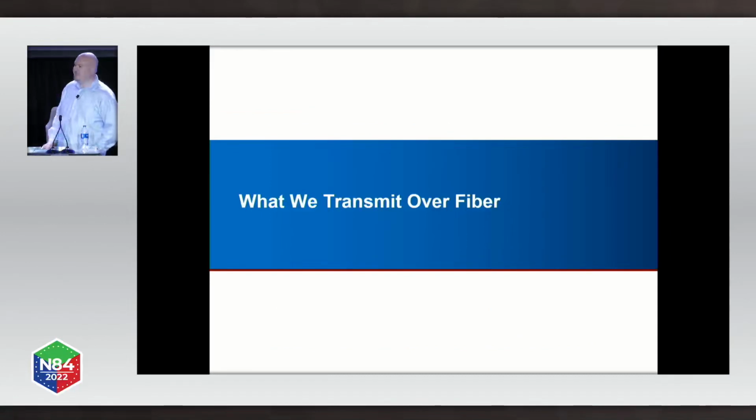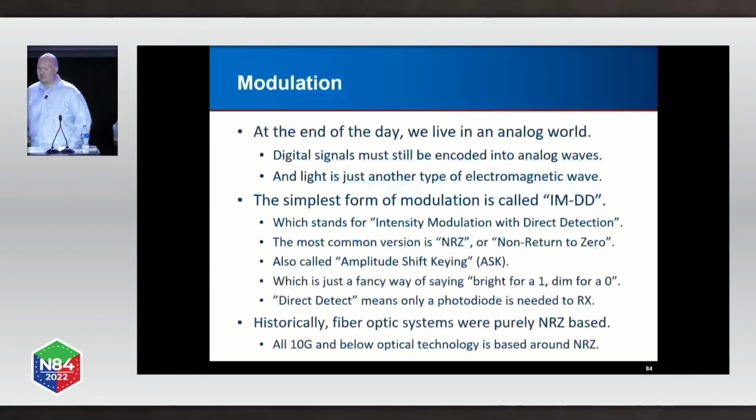So now I'm going to talk about what we actually transmit over fiber. Remember, at the end of the day, we actually live in an analog world. All these nice ones and zeros have to turn into something that goes out over waves somewhere. And light is just a big electromagnetic wave. So the simplest form of modulation is what's called IMDD, which stands for intensity modulation with direct detection, of which the most common version is something called NRZ, non-return to zero, which is also called amplitude shift keying, ASK, all of which is a fancy way to say bright for a 1 and dim for a 0, right?